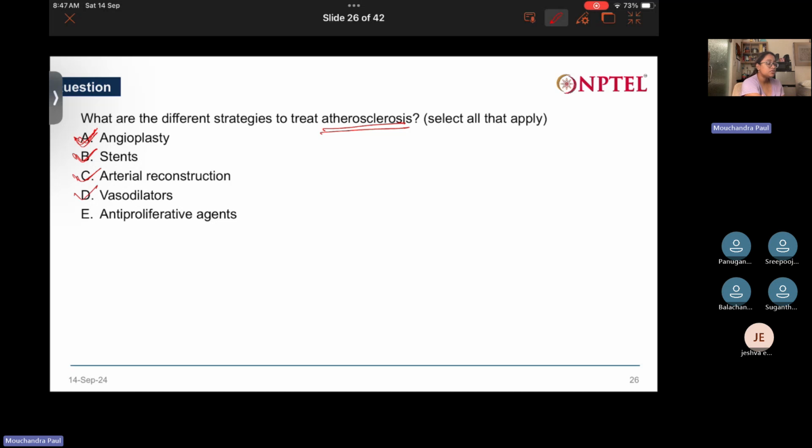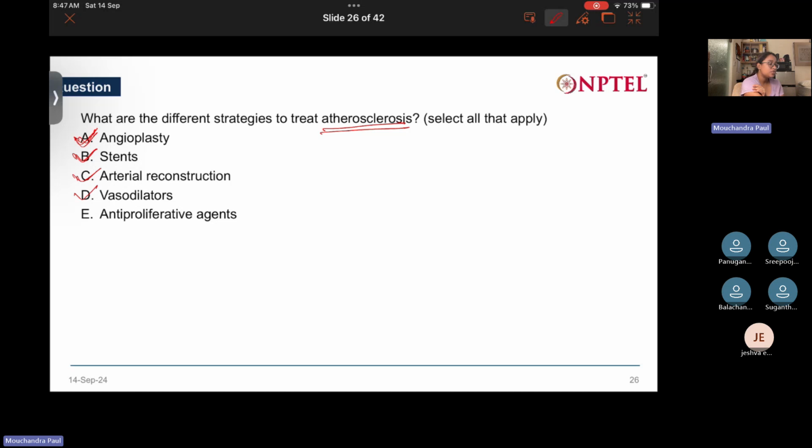Then people also use drugs like vasodilators. These drugs act on the smooth muscle cells, modulating their function and causing them to dilate. Due to that, the diameter of the blood vessel increases, and the blood flow can be restored to normal.